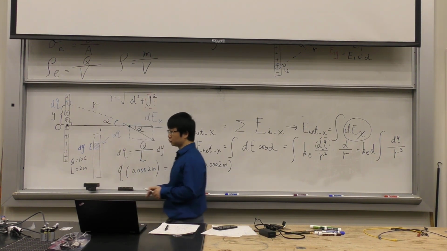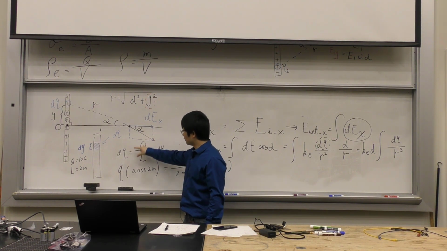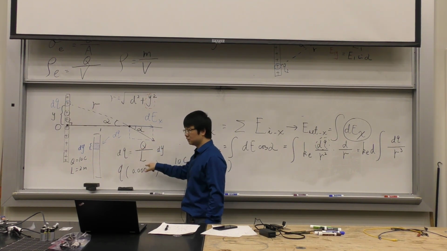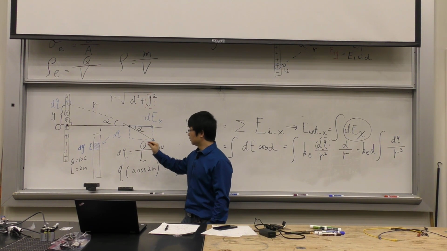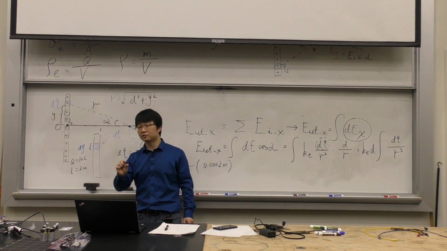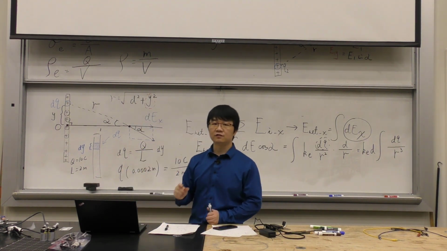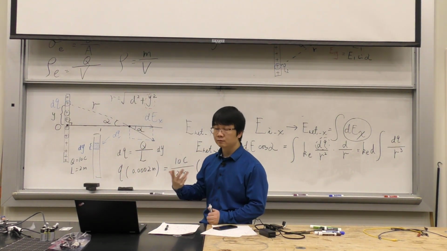So of course you're going to divide the total charge by the total length, and multiply this density by the length of this very small piece. Even though it's very small, that's how I'm going to calculate the charge on this piece.